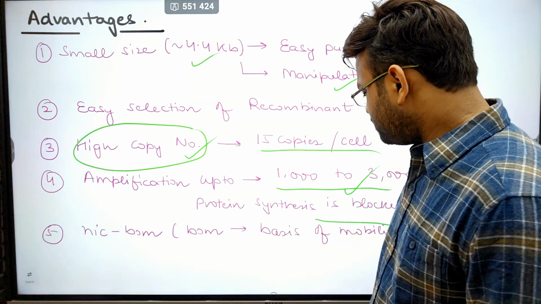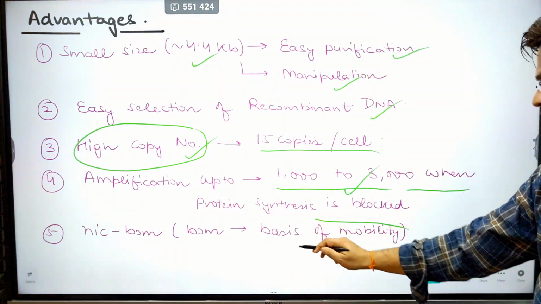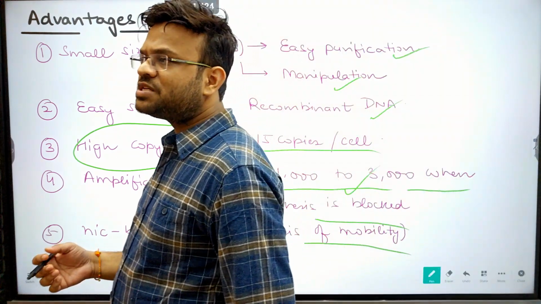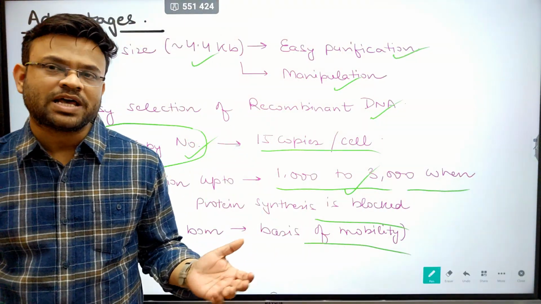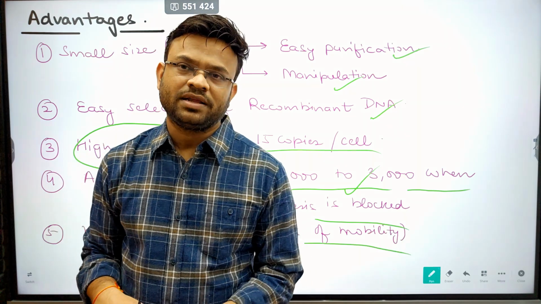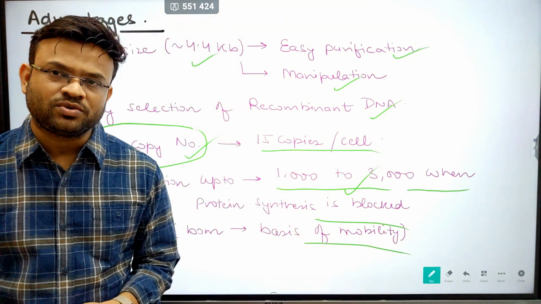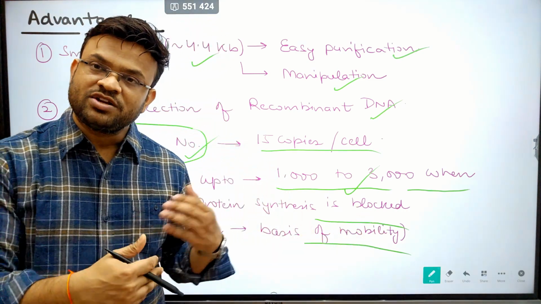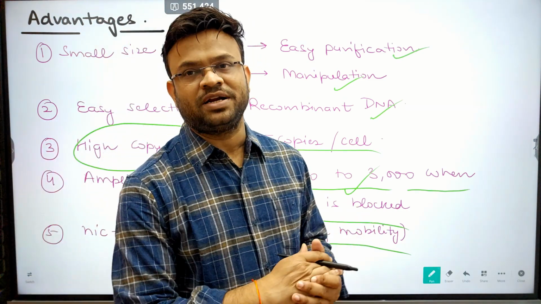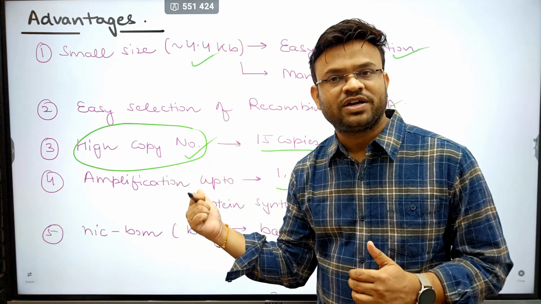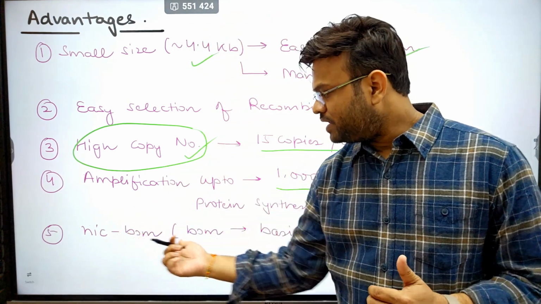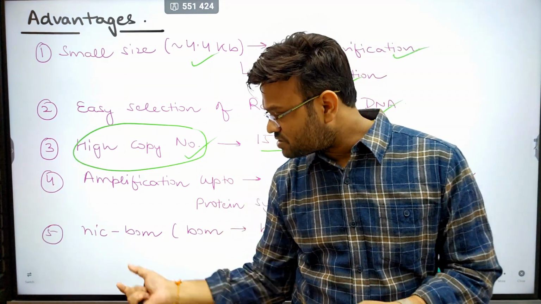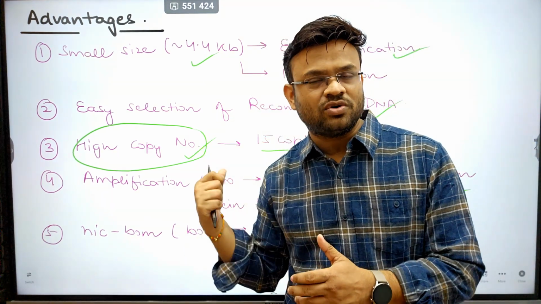The bom, basically what does this mean? Bom means basis of mobility. What do I mean to say? If an F plus plasmid is present inside the bacteria apart from pBR322, you would know that it is a conjugative plasmid. If it is a conjugative plasmid, it will allow the transfer of plasmids like this that are non-conjugative, because this bom site is present inside the genome.